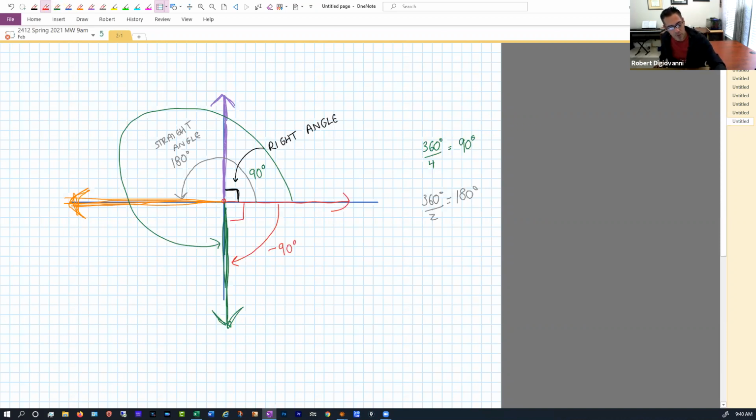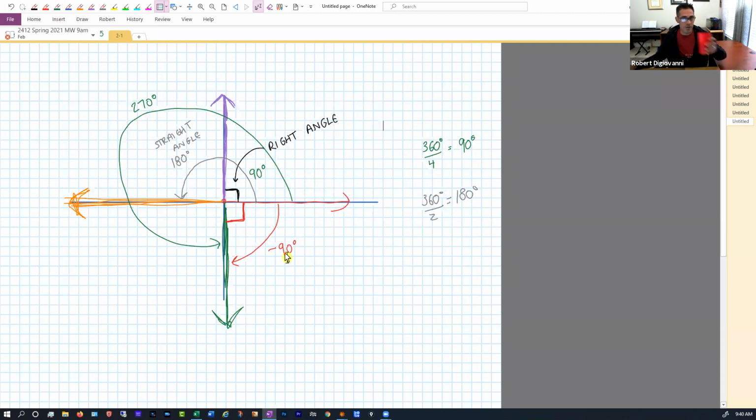And that would form a right angle here. So there's not a special name for 270. This green one is 270. If you go counterclockwise from the initial side around to here to point straight down, that's 270 degrees. But if you look at it clockwise, it's negative 90, and it forms a right angle. No special name for it, but you need to know 270 and negative 90.